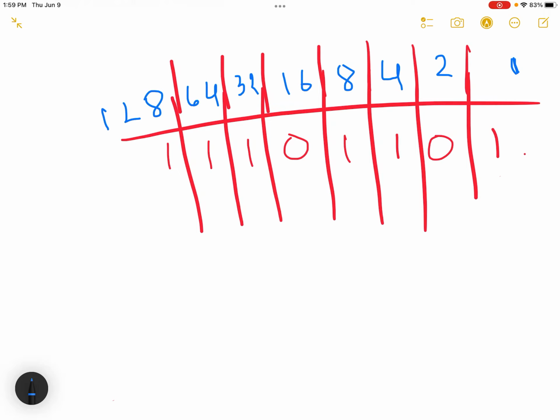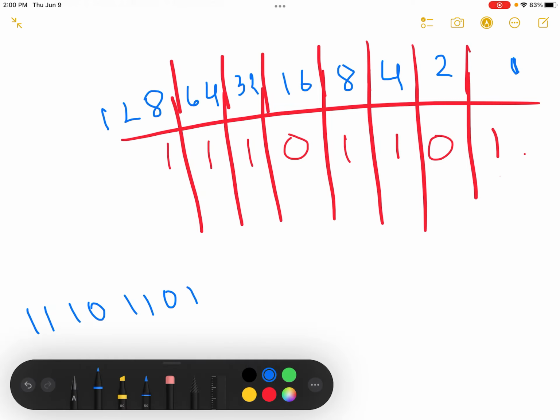So imagine this is the binary number you have, and you have to convert it to a decimal number.